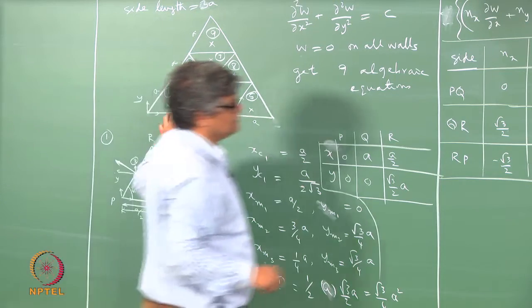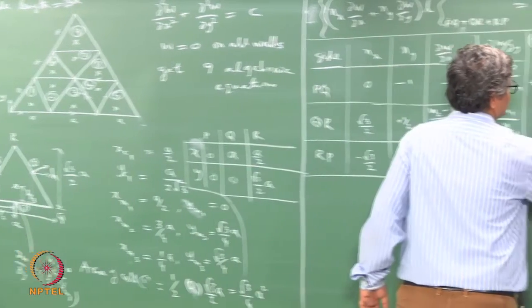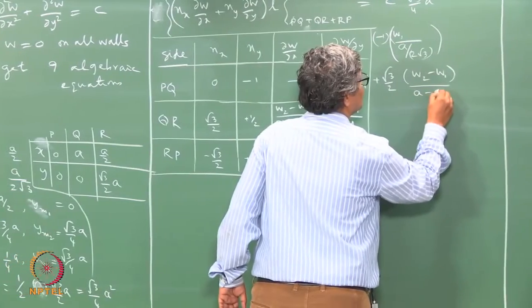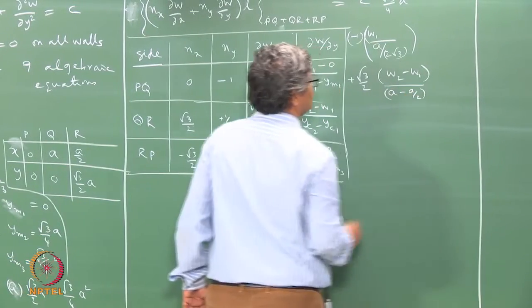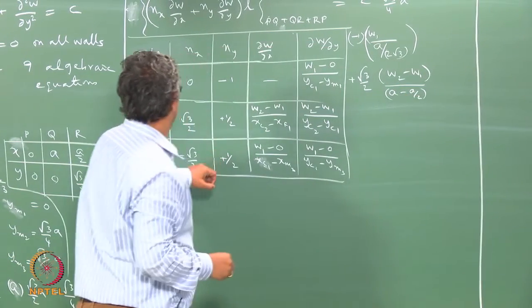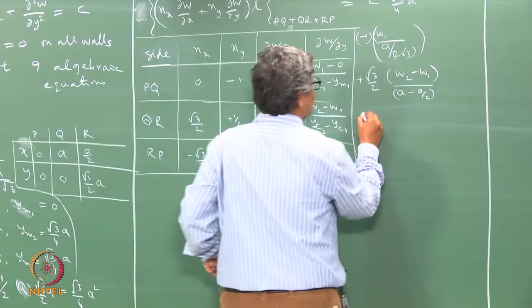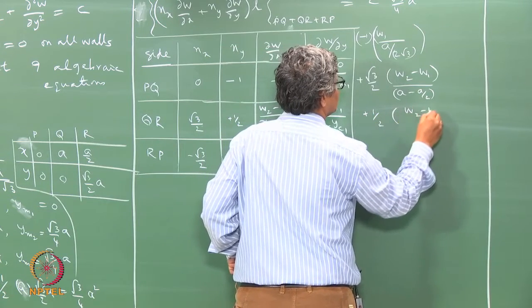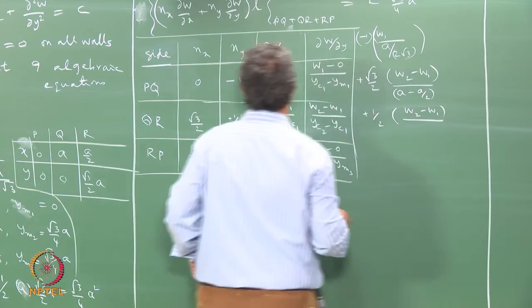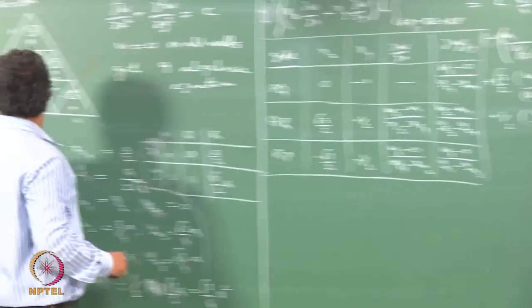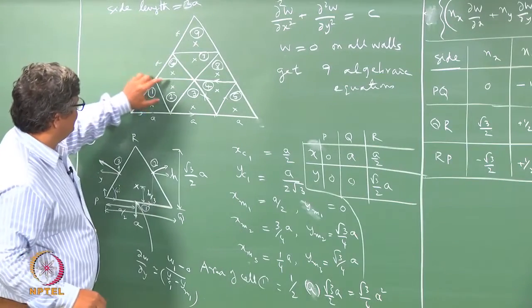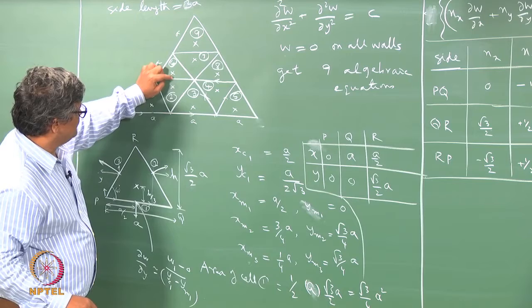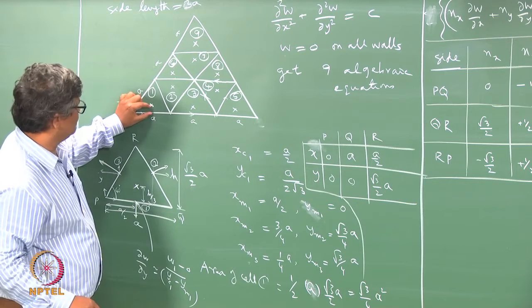So, the distance between the two is a minus a by 2, that is a by 2, and here we have plus half into w2 minus w1 divided by the vertical distance. This is at h by 3 from the top, and this is h by 3 from the bottom.